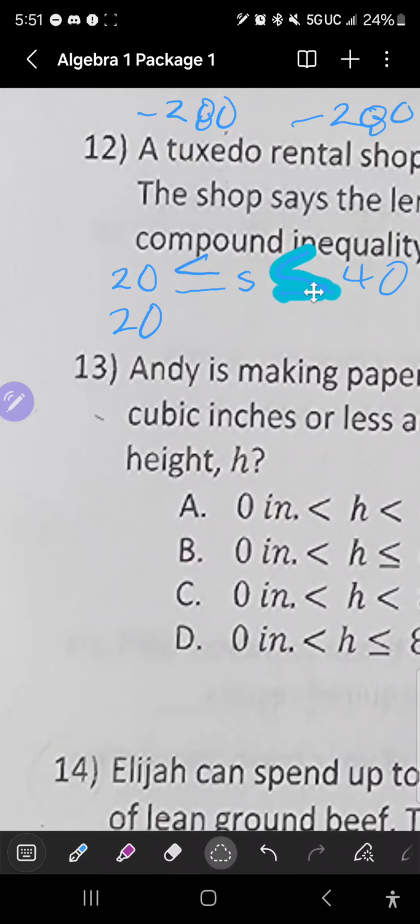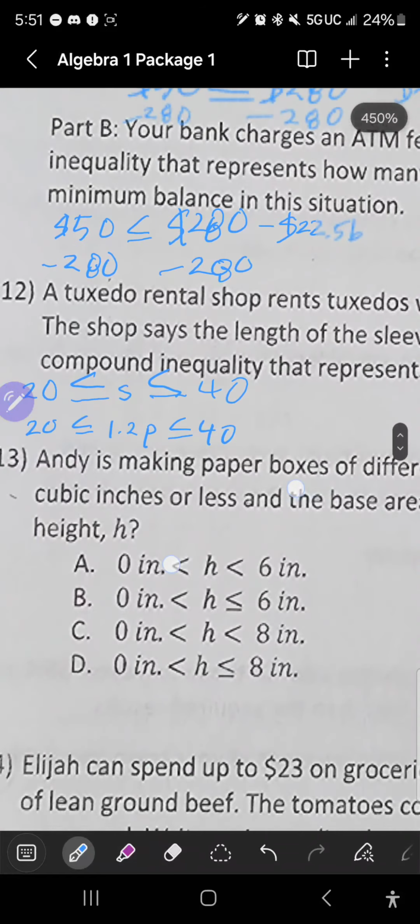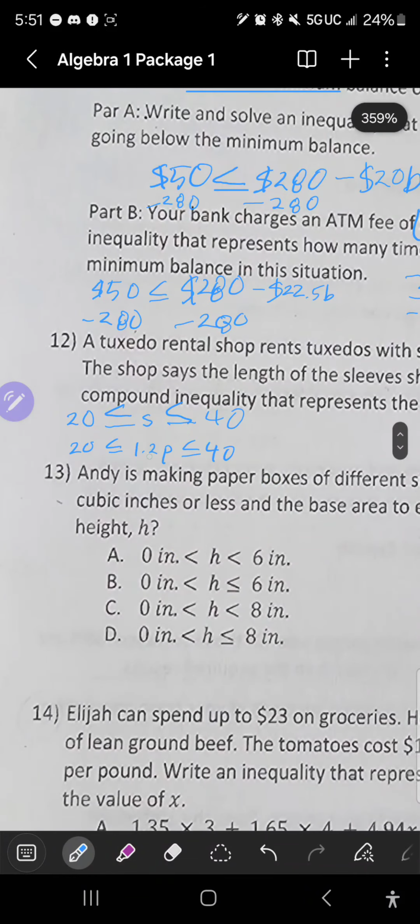Okay. Now I got 20 less than or equal to 1.2p less than or equal to 40. And we're going to divide this by 1.2 so we can cancel out the 1.2. We're also going to divide the other parts by 1.2.